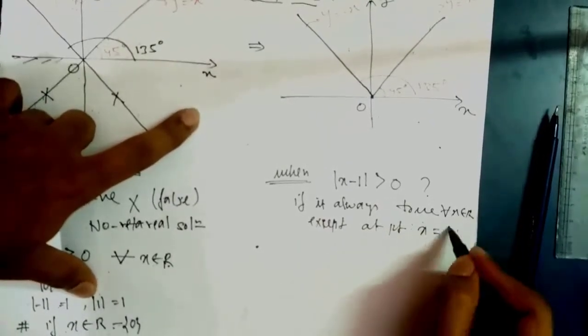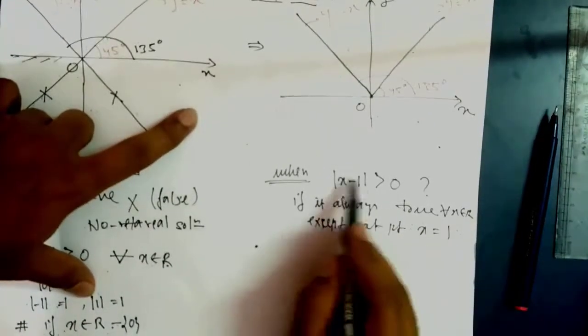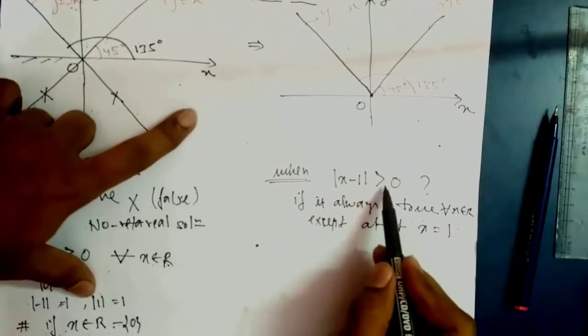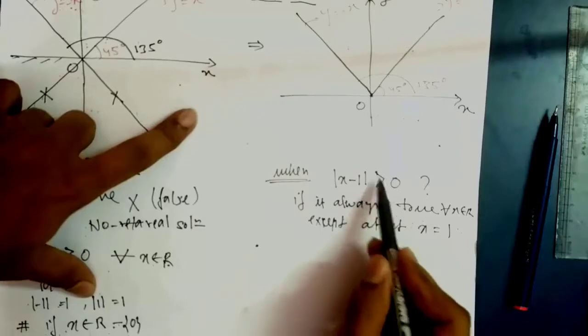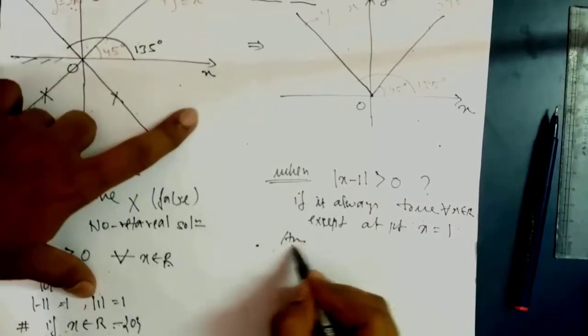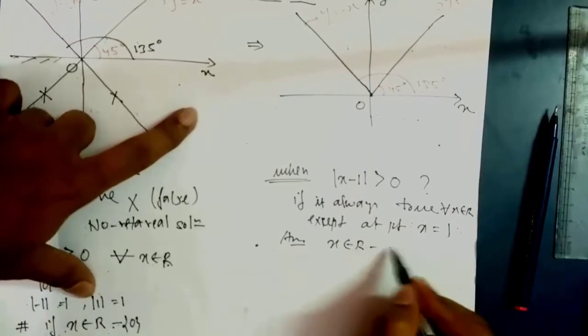Why? Because when you put x is equal to 1 here, its value will be 0, and 0 is not greater than 0. 0 is equal to 0, and we don't have an equality sign here. We have the greater than sign here, right? So the answer is for all x belongs to R except 1.